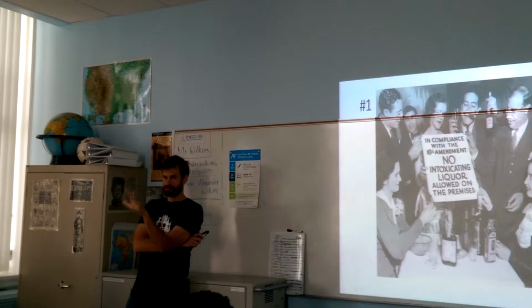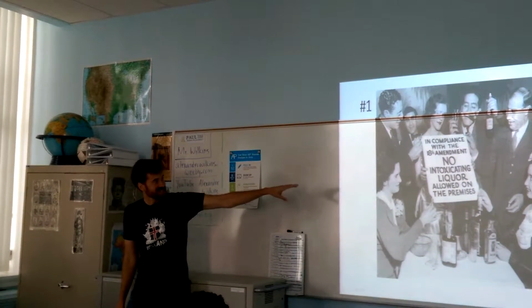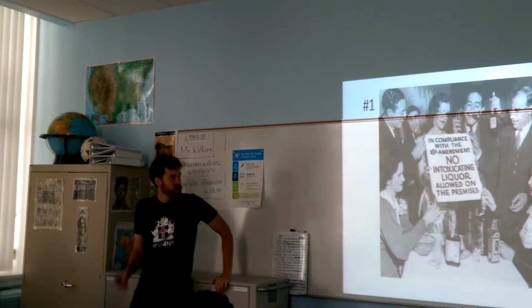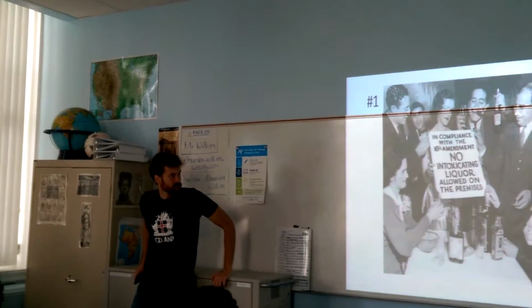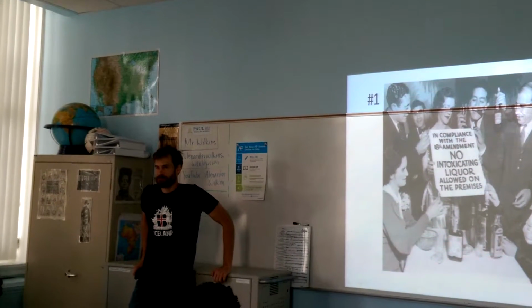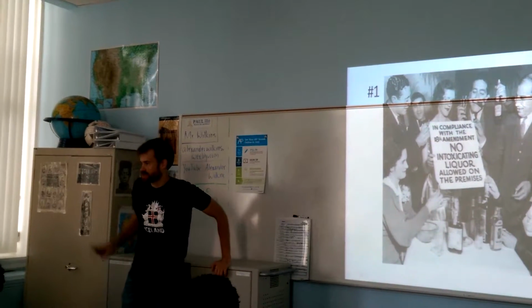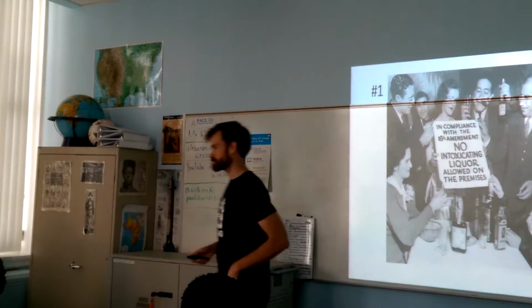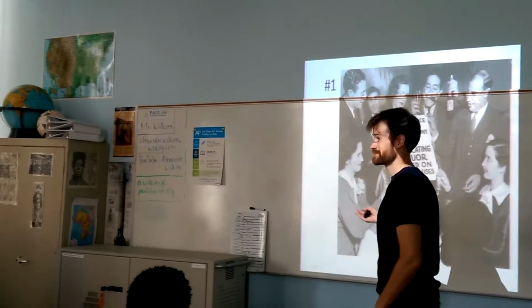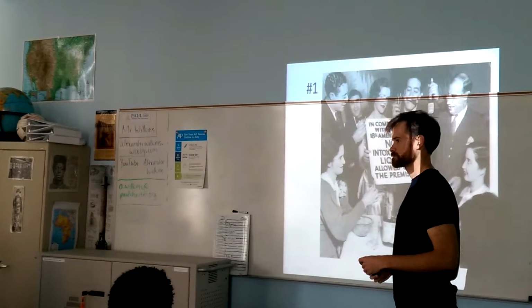For those of you who may not be able to read it, the sign that they're holding in the middle says, "In compliance with the 18th Amendment, no intoxicating liquor allowed on the premises." All right, so who can provide us with some context? Renisa. Prohibition. Okay, what was Prohibition? The movement to influence others not to drink alcohol.